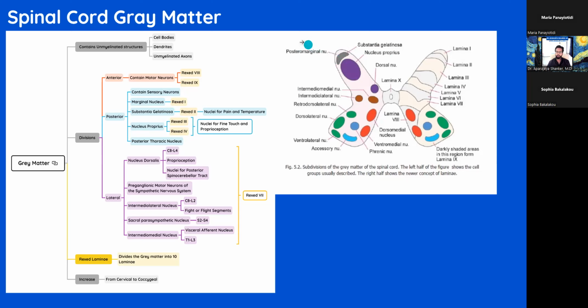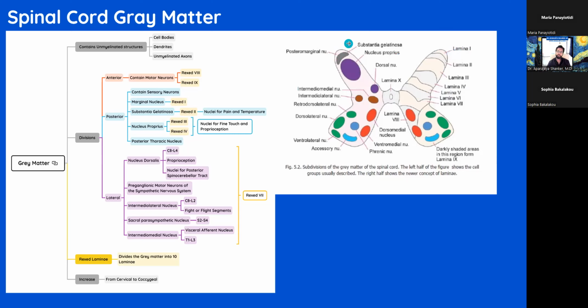So when pain and temperature information is coming inside, it's going this way, and it crosses over, goes up, right? So the point is that it has to come here into this place. And from here, it has to go up and terminate somewhere else, wherever it needs to be, right?